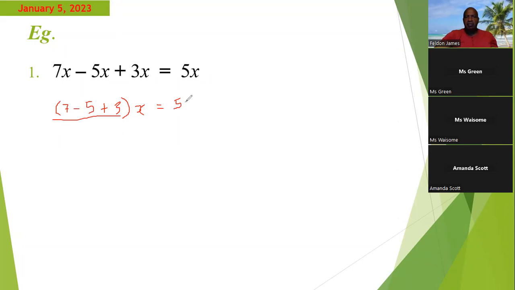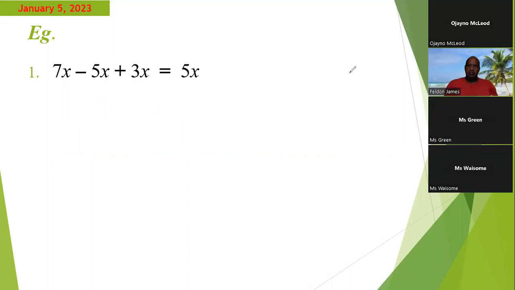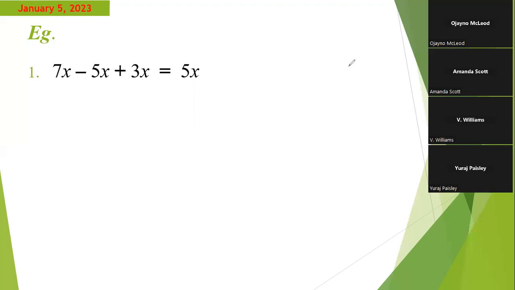And then you would just write back the variable beside it. Any question? Let me see the hands of those who are clear on what I'm saying. All right, good.